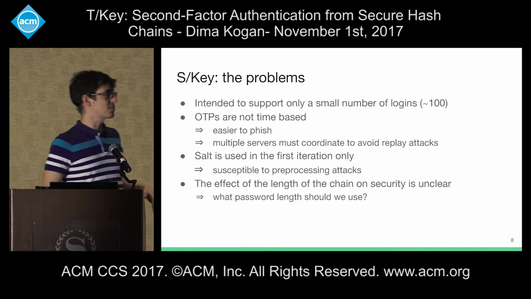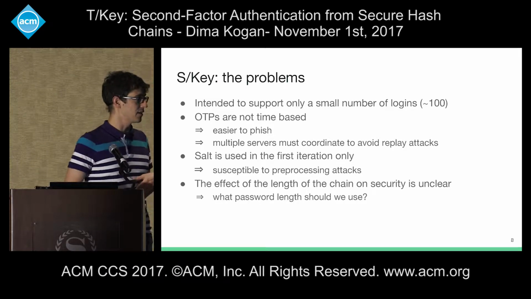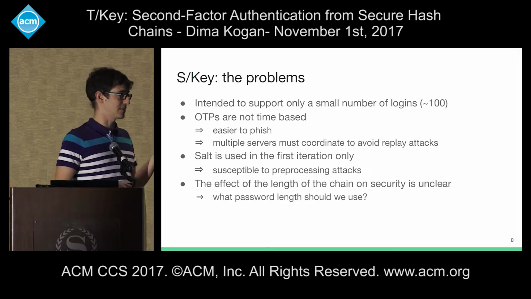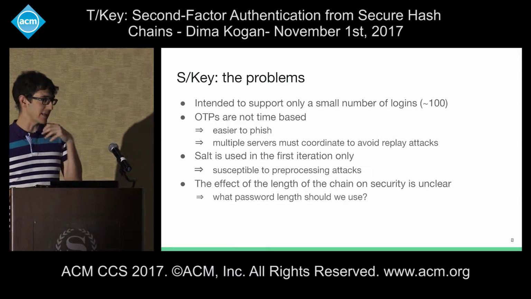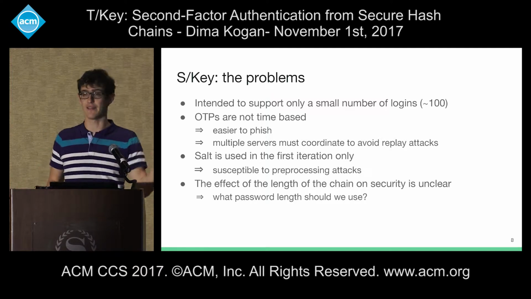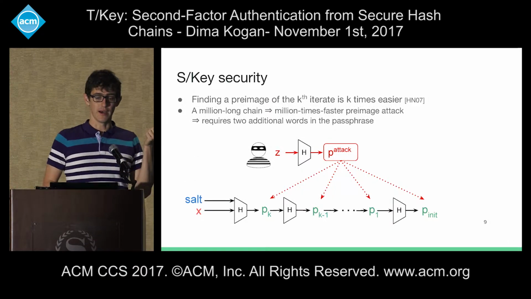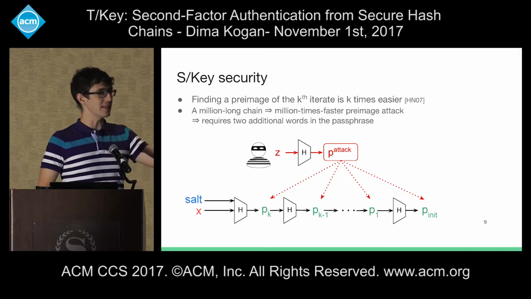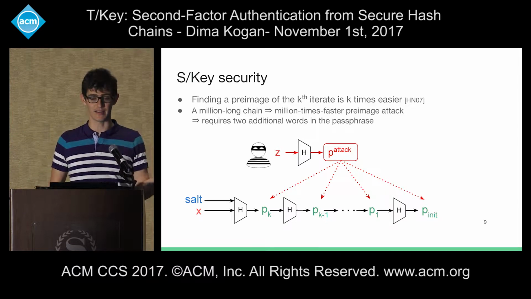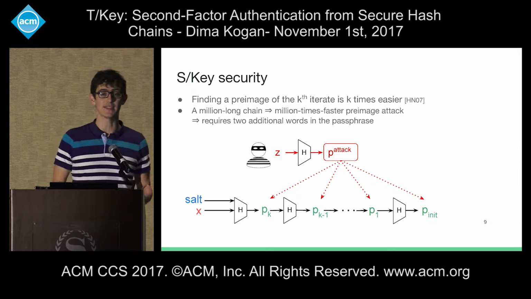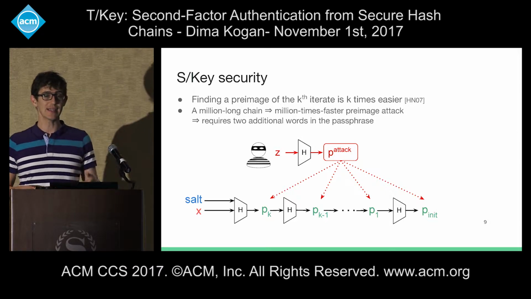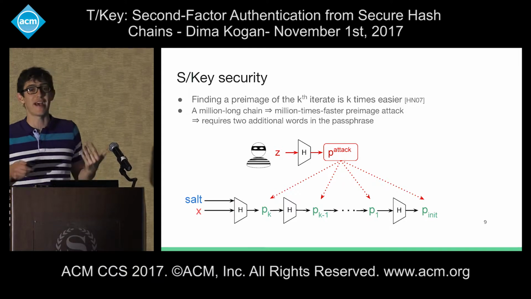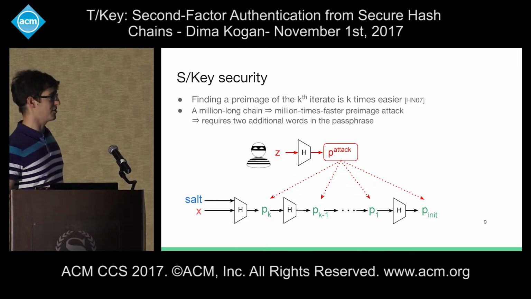And just to explain this in a bit more detail, consider an attacker that hashes some random value z to get an attack value p attack. This is kind of a candidate one-time password. This password has the potential of colliding with any of the k elements along the chain, k being the length of the chain. And so, if a chain is 1,000,000 elements long, this allows the attacker to have a 1,000,000 times faster pre-image attack.